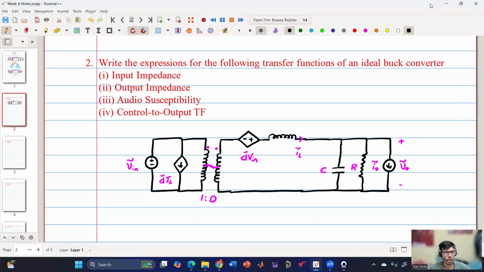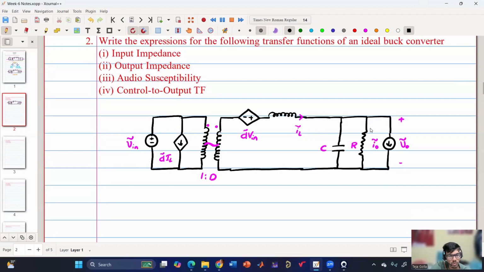So can anyone tell me what is input impedance? If we look at the impedance from the input side, that is input impedance, and from the output side, that is output impedance.